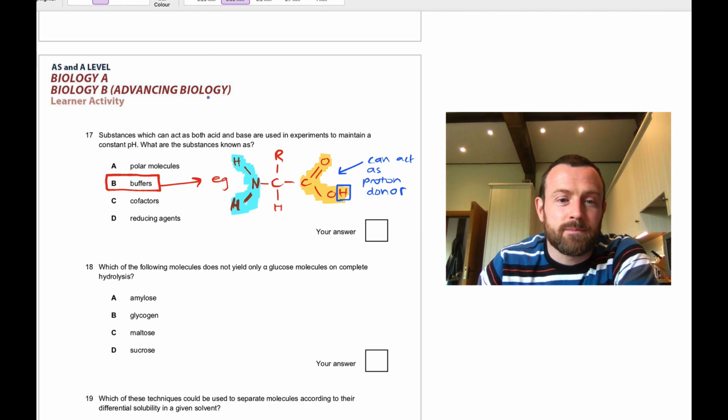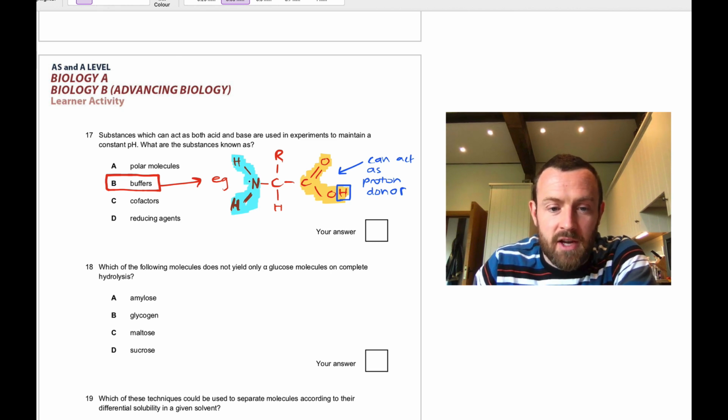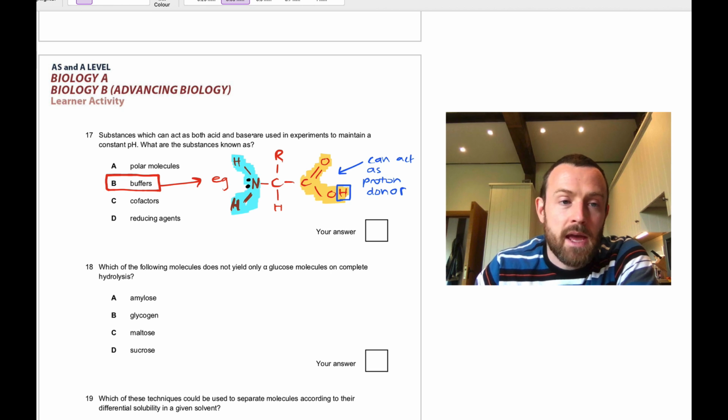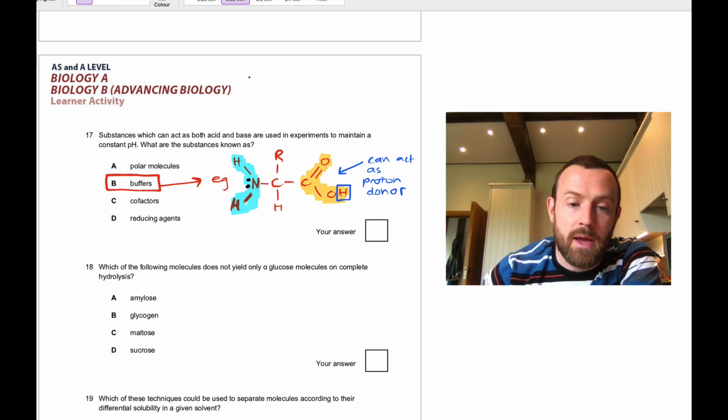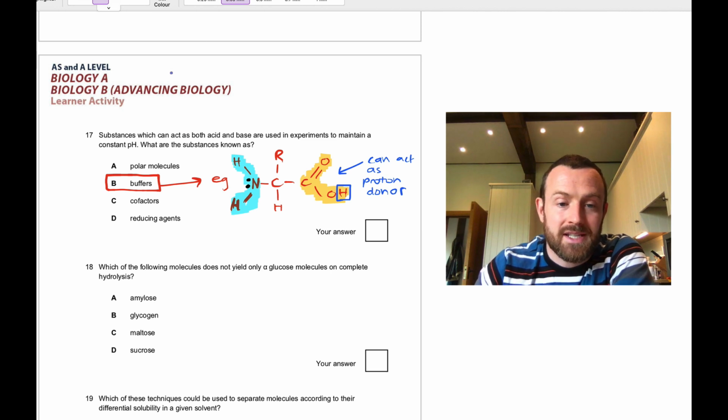If you don't do chemistry, don't worry about this. But on this nitrogen here, we've actually got a lone pair of electrons. Let's see if I can remember my chemical notation correctly. It's been a while since I did chemistry A level. There's the lone pair, and basically a proton can slide in and dock on that lone pair. So this can act as a proton acceptor, which is a base.